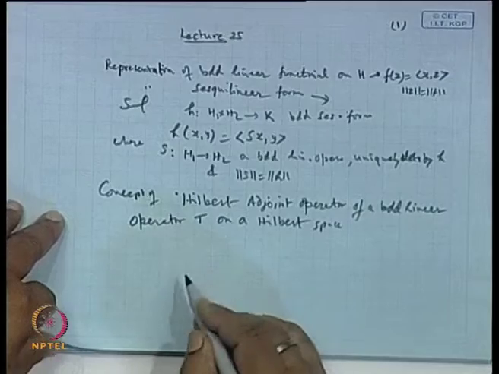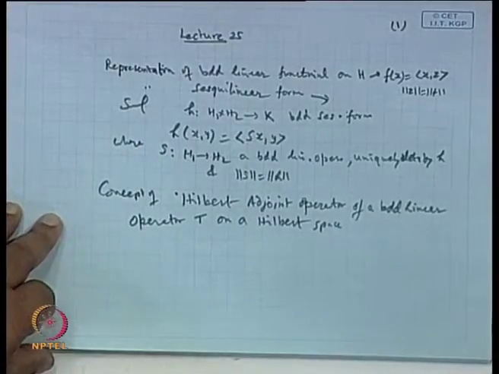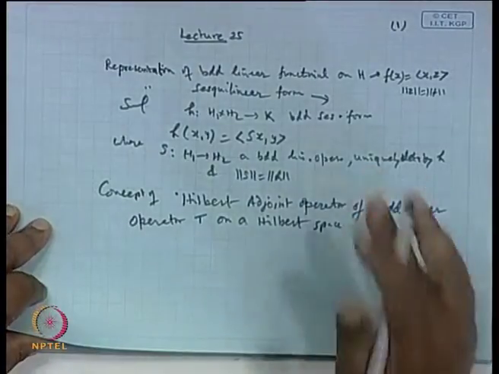In fact, we will see that in the finite case, the symmetric matrix, Hermitian matrix and all these things can be related with these Hilbert adjoint operators. So today we will discuss in detail what is the Hilbert adjoint operator of a bounded linear operator on a Hilbert space H.